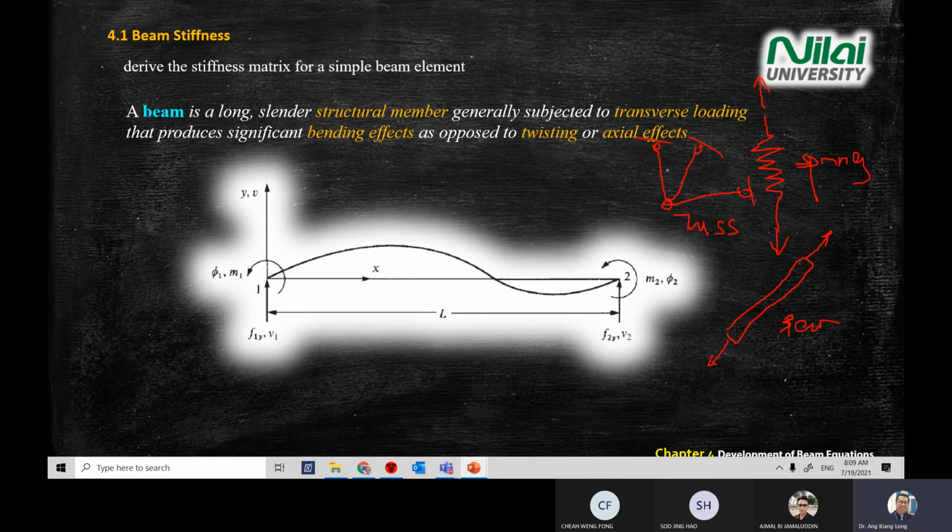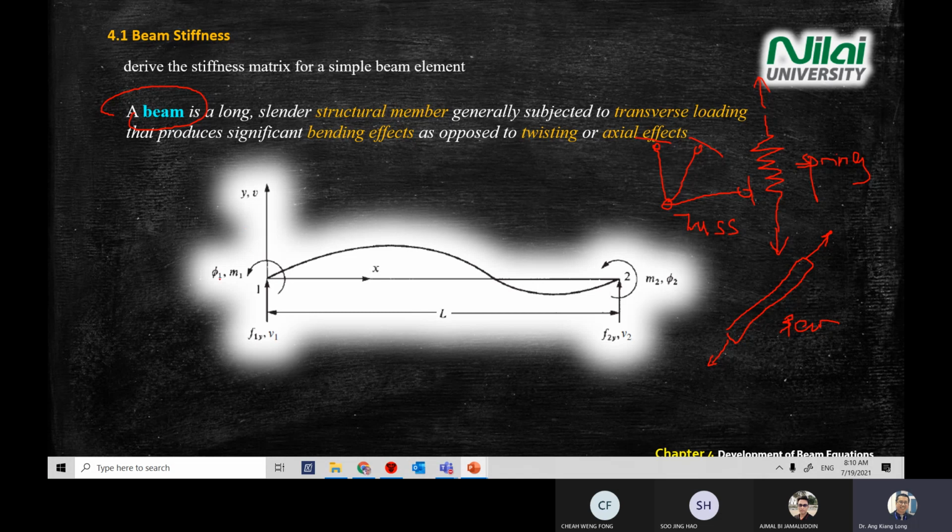So you can replace any one of these members with a spring. We also discussed the tutorial, some questions about spring, bar, and truss in previous examples. So today we're going to look at beam. We will start looking at the bending effect. We will see the twisting effect also.